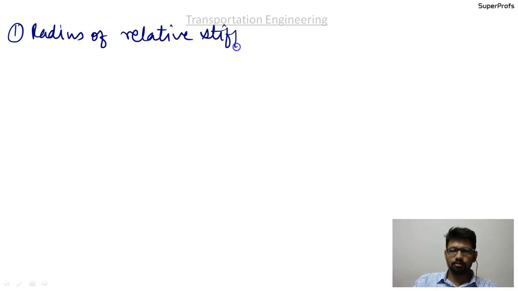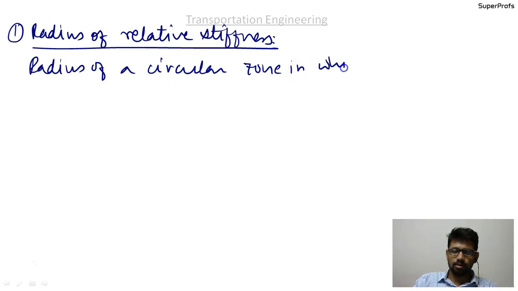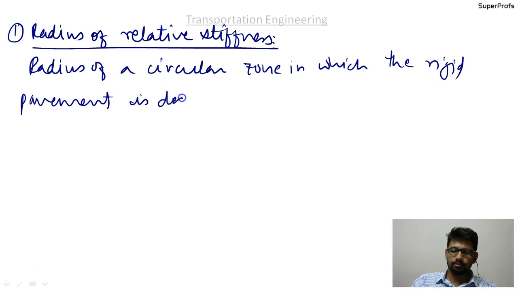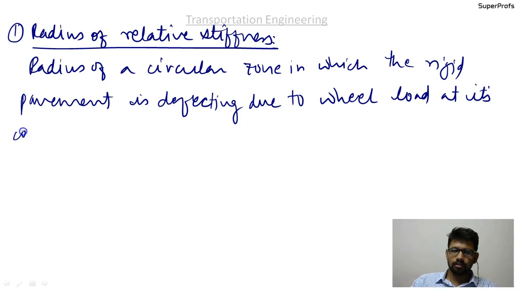It is the radius of a circular zone in which the rigid pavement is deflecting due to wheel load at its center. So understand what this means: the radius of relative stiffness is the radius of a circular zone in which the rigid pavement is deflecting due to wheel load at its center.